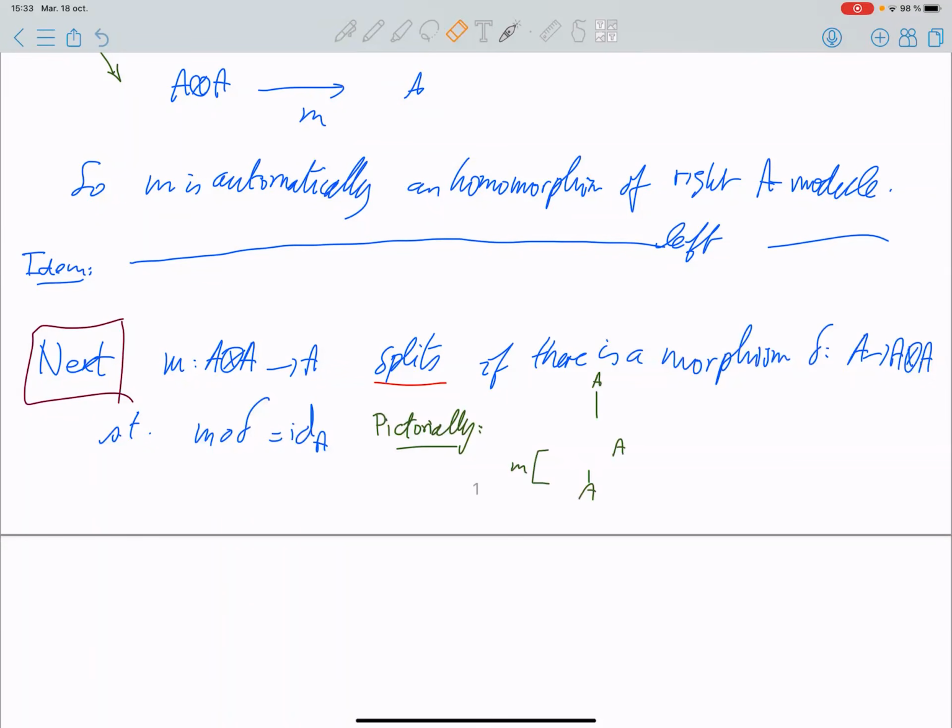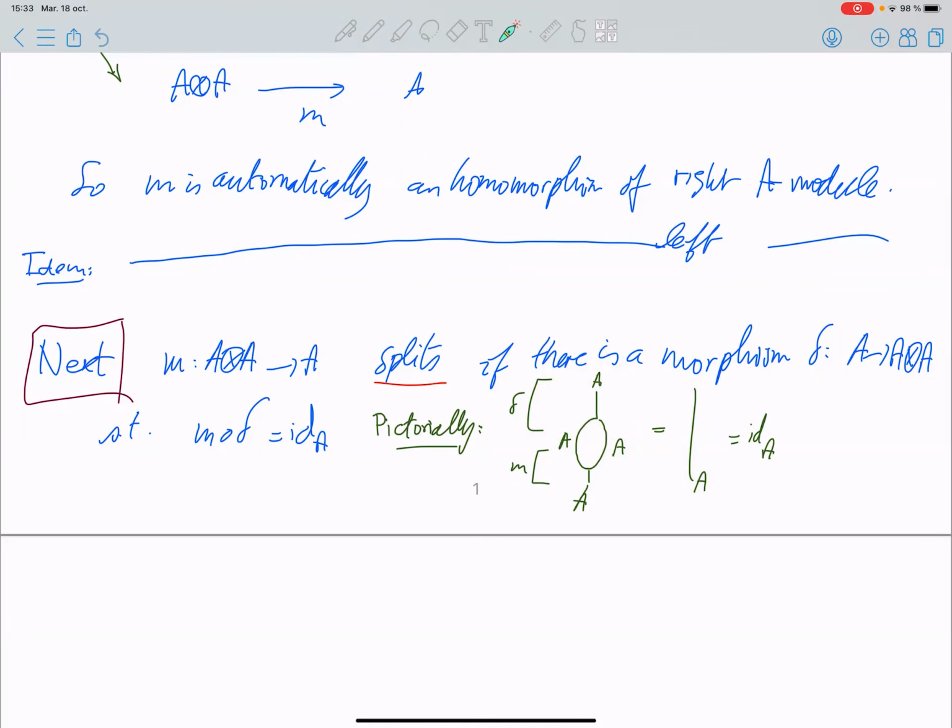Let me draw something clean. So here it's delta. And we want this to be just one line, equal to the identity of A. So this is exactly the meaning of split. This morphism splits if there exists delta making the identity.